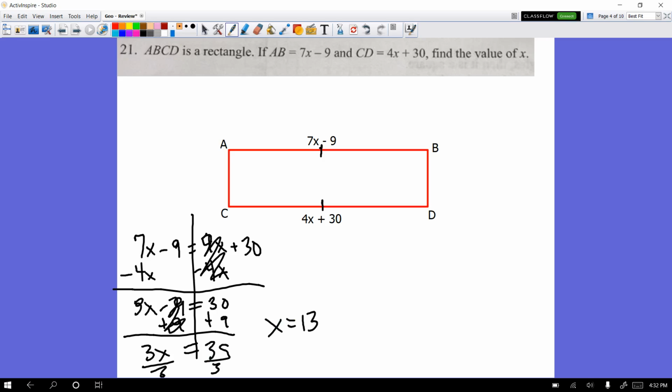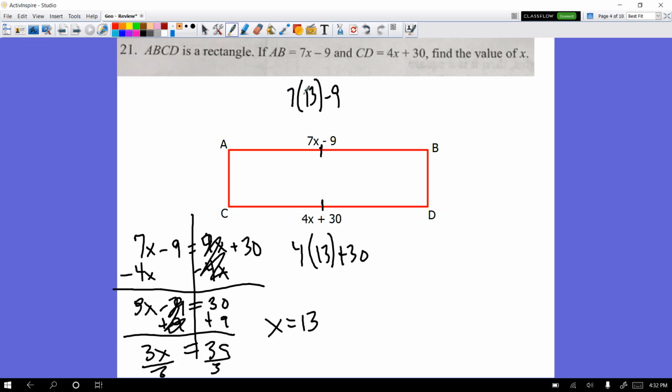Okay, so what we should be able to do here is substitute 13 in for 7x minus 9 and 4x plus 30, and they should be the exact same answer. So 7 times 13 minus 9 and 4 times 13 plus 30. So let's see. 7 times 10 is 70. 7 times 3 is 21.